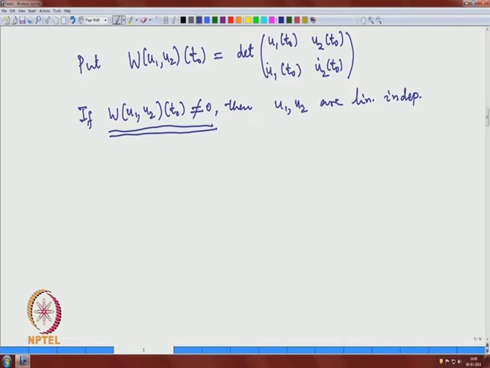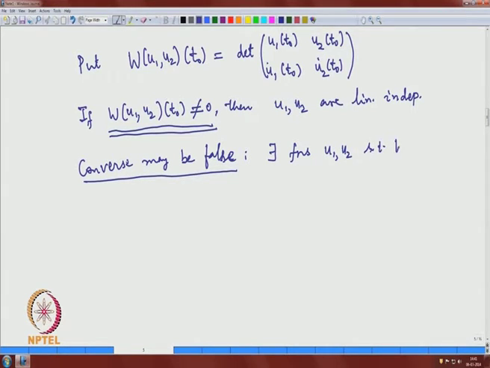However, the converse may be false, meaning there exist functions U1, U2 such that W(U1, U2)(t) is 0 for all t in the interval, whichever interval we are considering, but U1, U2 are linearly independent.